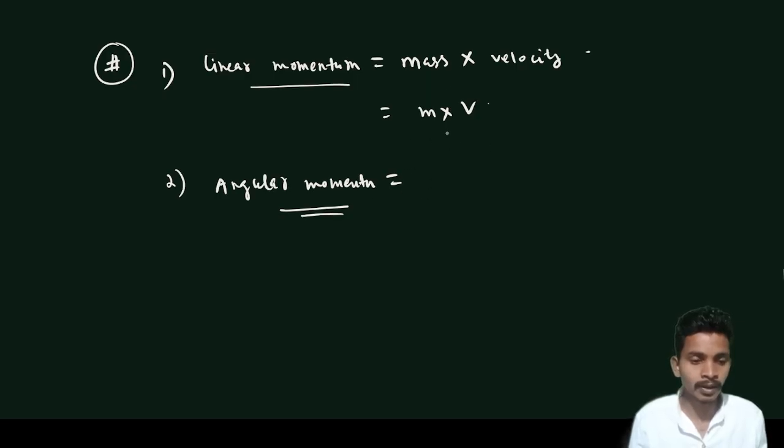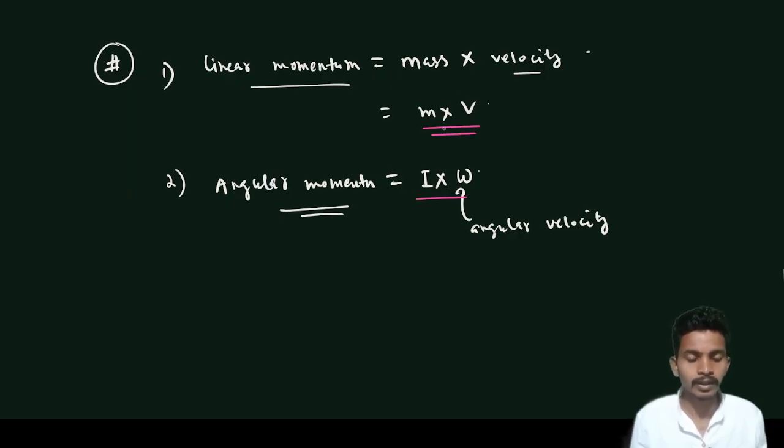But since this is angular momentum, we have to rotate the molecules, so instead of mass, moment of inertia will come, moment of inertia into angular velocity. So angular momentum is this and linear momentum is this. This is velocity and this is angular velocity.